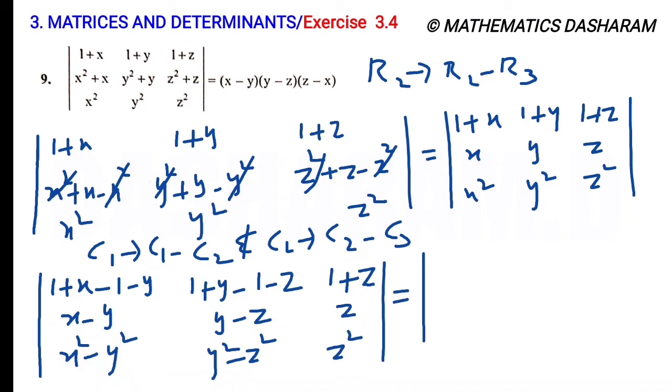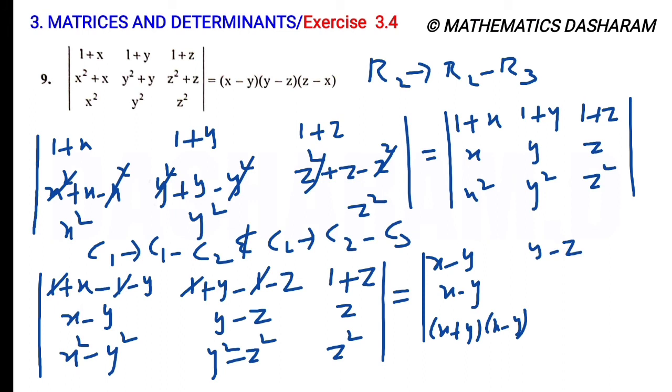So it is equal to plus 1 minus 1 cancel, so x minus y, here x minus y. So x square minus y square can be written as x plus y into x minus y. So next here plus 1 minus 1 cancel, y minus z. So here also y minus z. Next here y square minus z, 1 plus z, here z square.